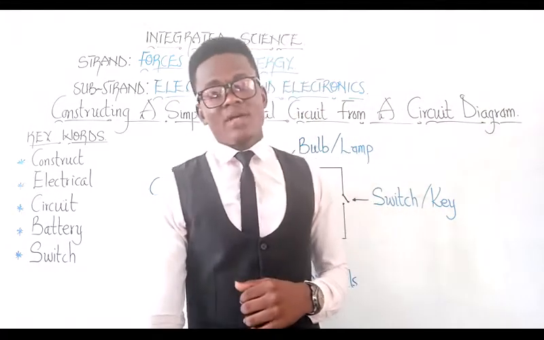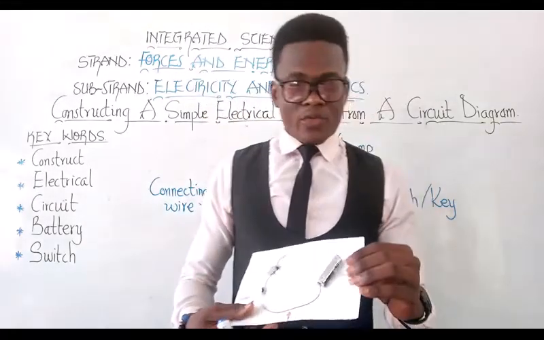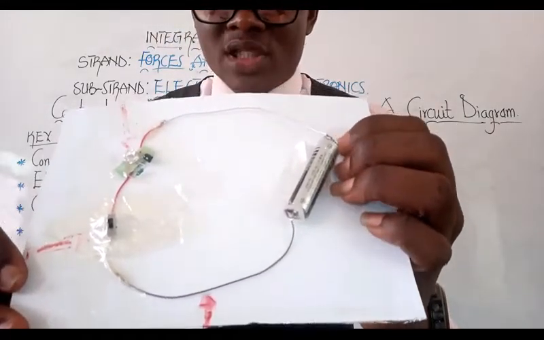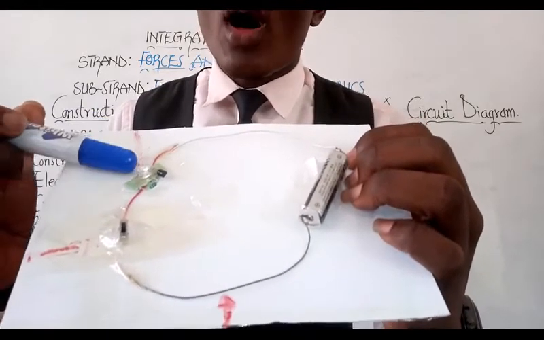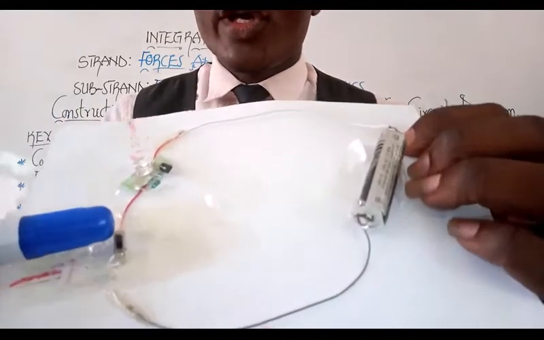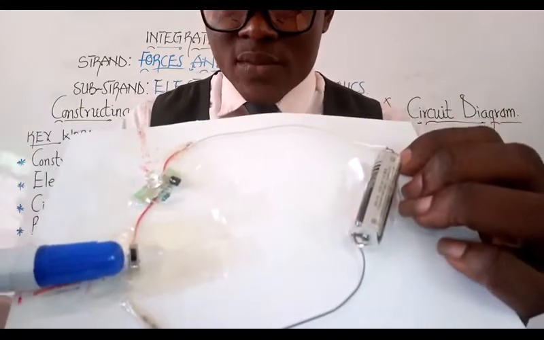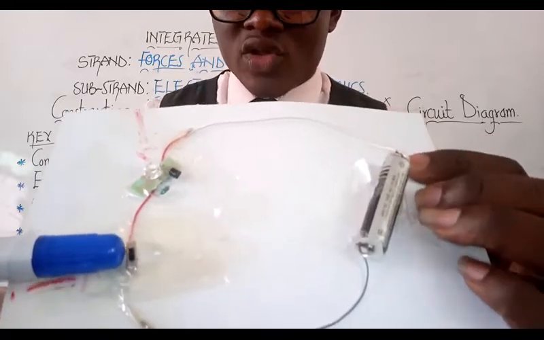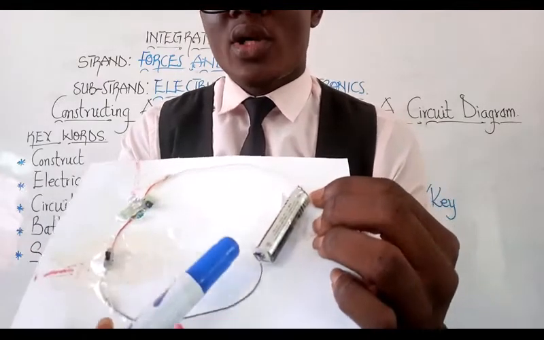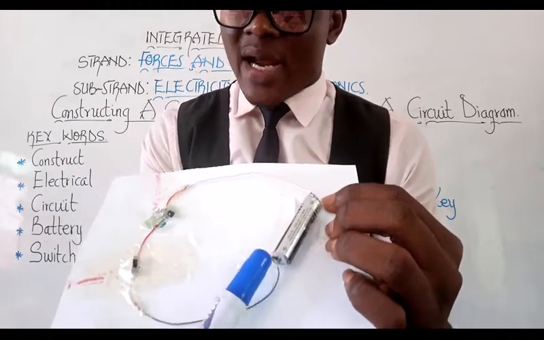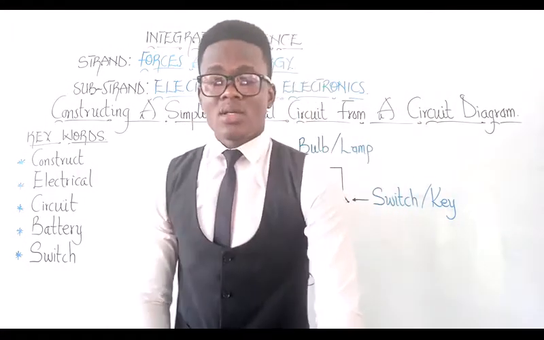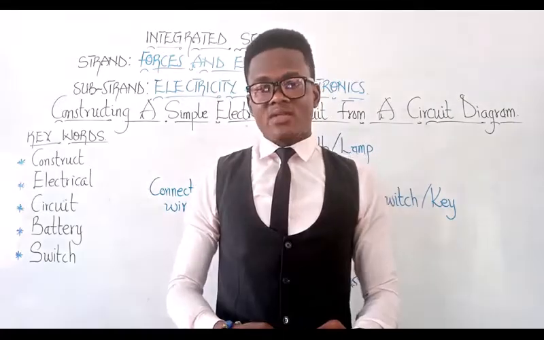We made mention of the battery, the connecting wire, the bulb or the lamp, the switch or the key, and the battery or dry cell. This is a dry cell. So let's quickly do a brief review of what you learned the other time.